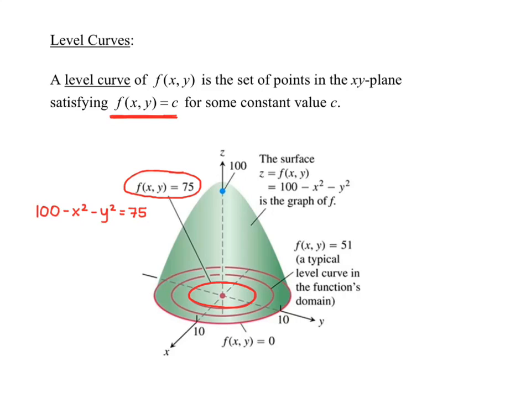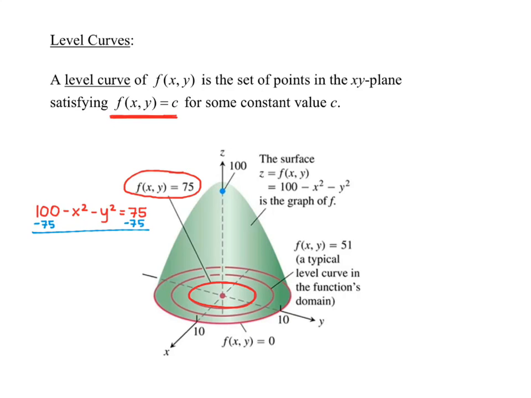Here's why. We let our function 100 minus x squared minus y squared equal 75. This is how you always find level curves: you pick a value for your constant and set the function equal to it. Then you solve it to be in a form that you know how to graph.